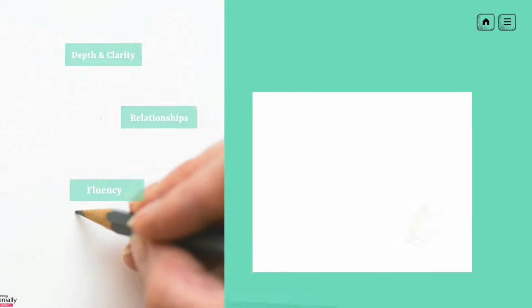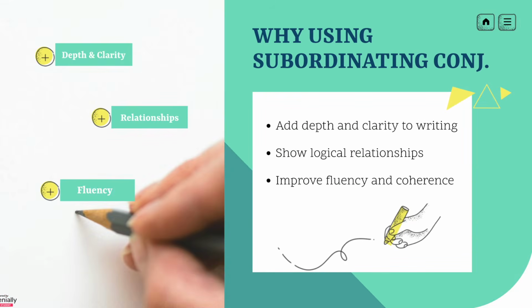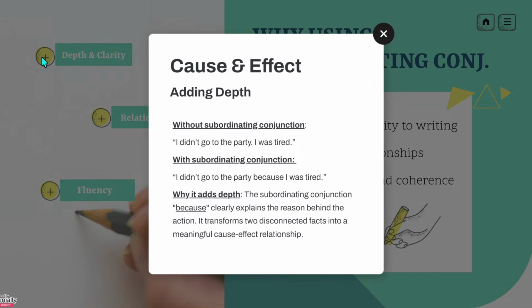So now, why should we be using subordinating conjunctions? Well, first, they add depth and clarity to writing. Just like in my example here, we can see that I didn't go to the party. I was tired. These are two separate sentences.